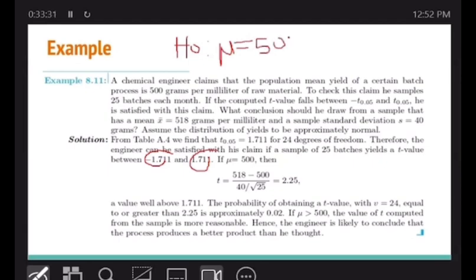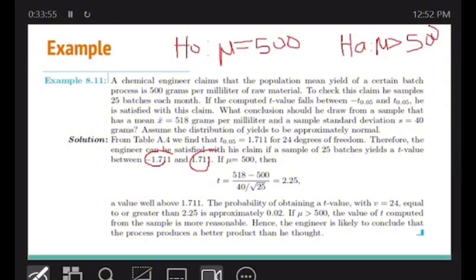You can see that was the claim. Now there is another hypothesis, that mu is greater than 500.